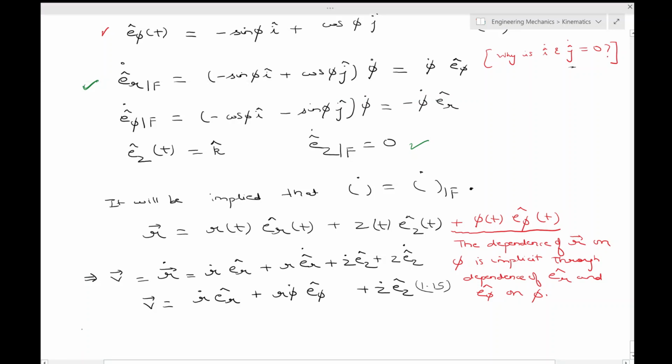Now coming to the acceleration of the material point of this rigid body, we want to take a time derivative of this v.